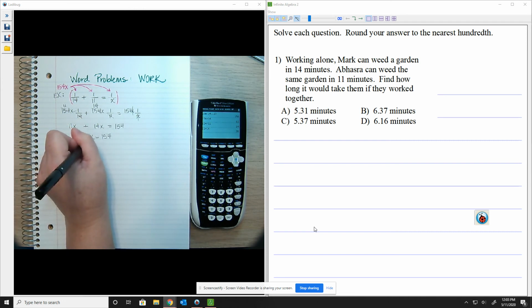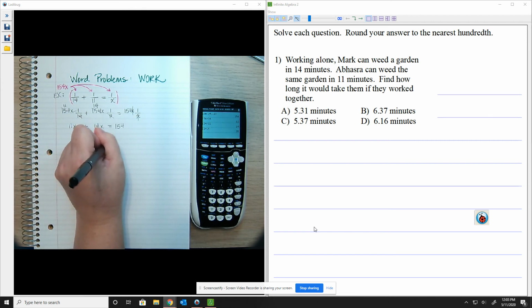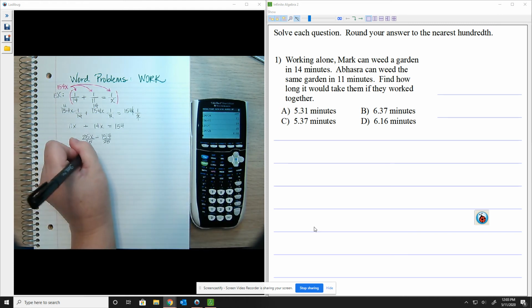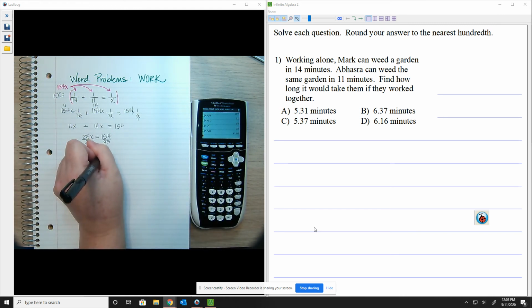Divide both sides by 25. So I get x equals 6.16. If you get any denominator that is larger than rounded to a hundredth, you're going to have to round to two decimal places because that's what round to a hundredth means. So our answer here would be 6.16 minutes.